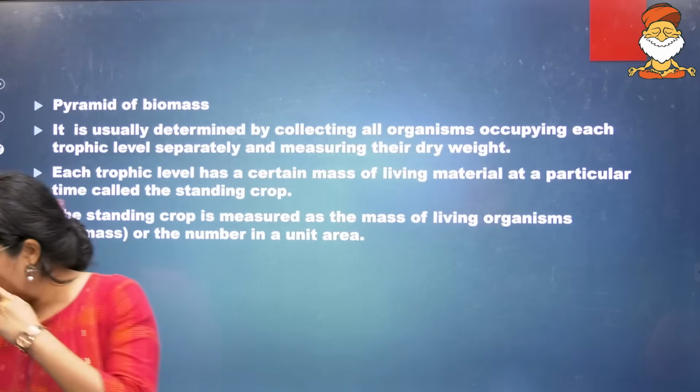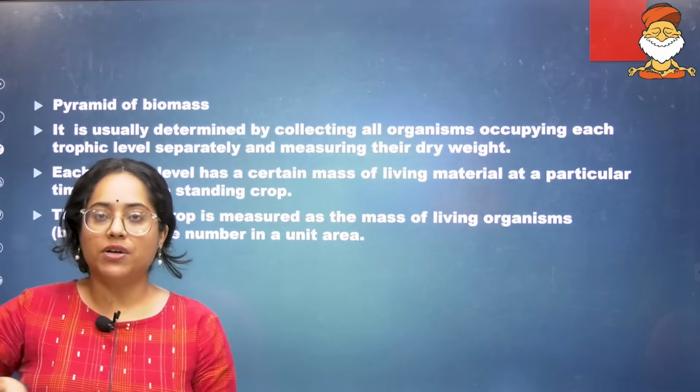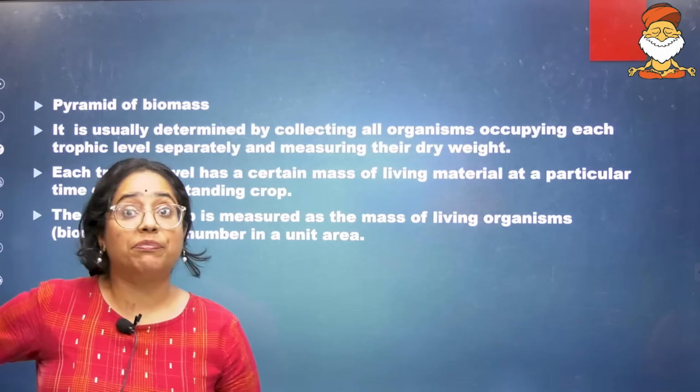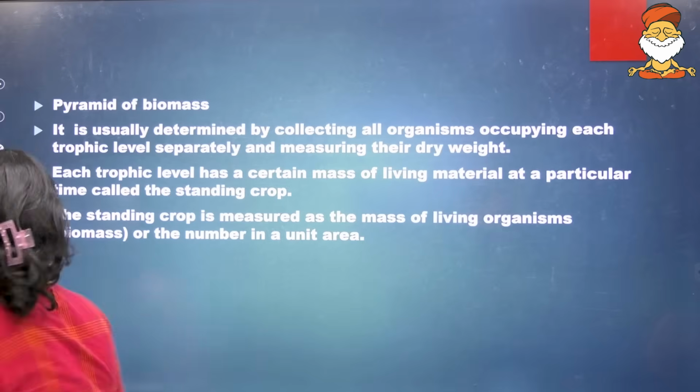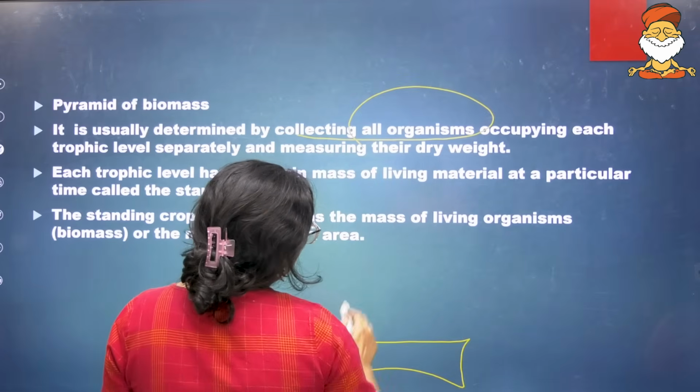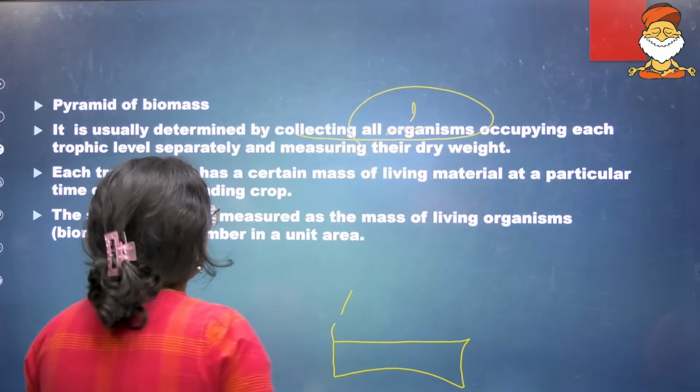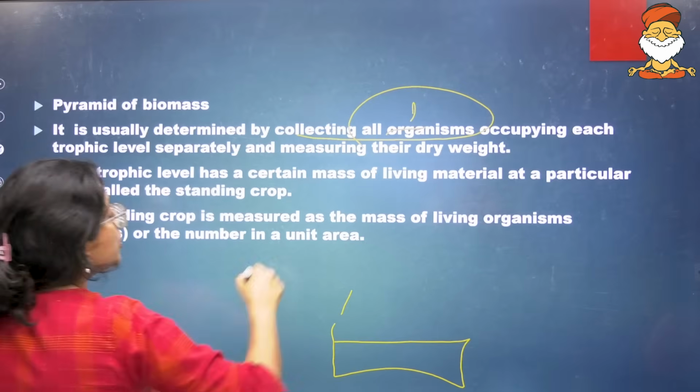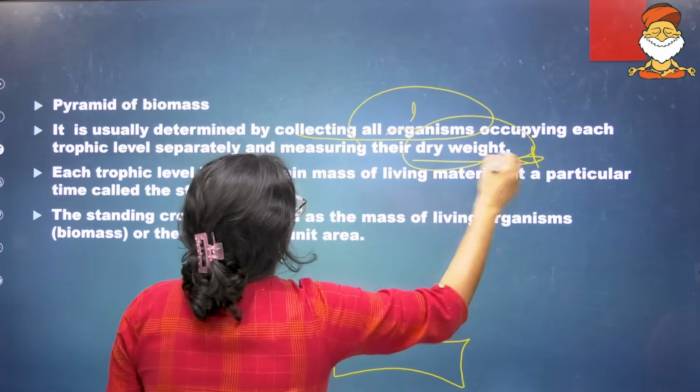Now again, the pyramid of biomass is actually trying to represent how much biomass there is. At each trophic level you collect all the organisms which are occupying that trophic level and you measure their dry weight.